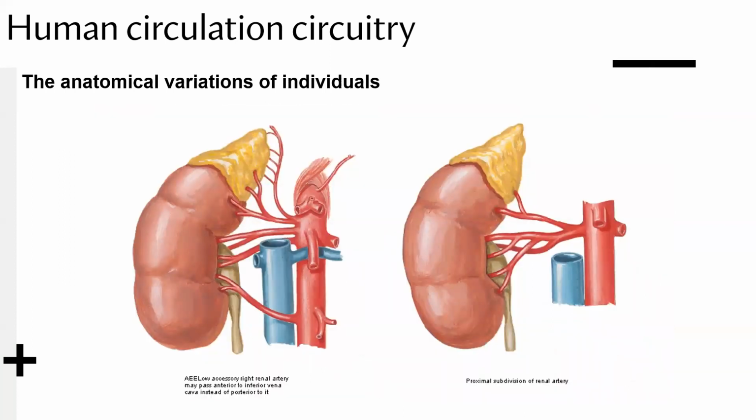And finally, this is another slide showing the variations. This is for renal arteries going to our kidneys. And what you see here is, again, a significant difference, even in the main branches as they branch back here. In some patients, we see multiple branches right from the root.